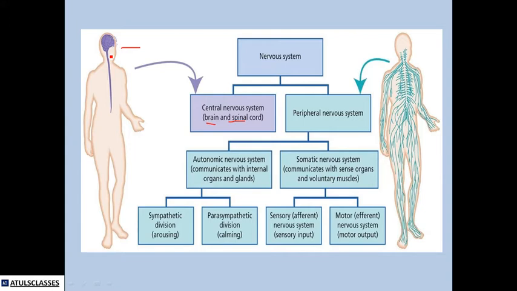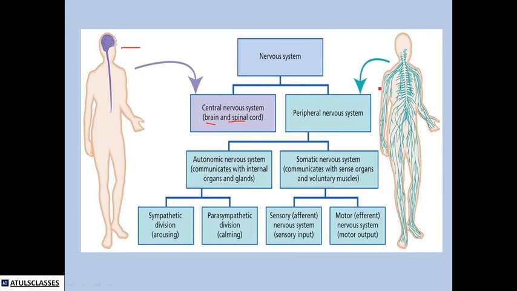Then this system is connected with the peripheral nervous system, which has the autonomic nervous system and the somatic nervous system. So what does the autonomic nervous system mean?